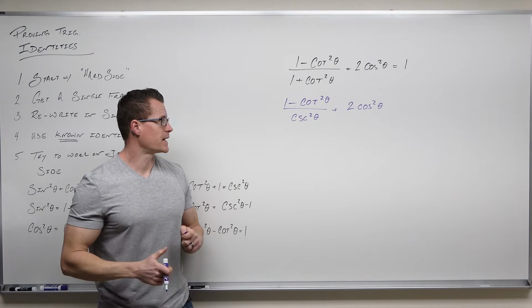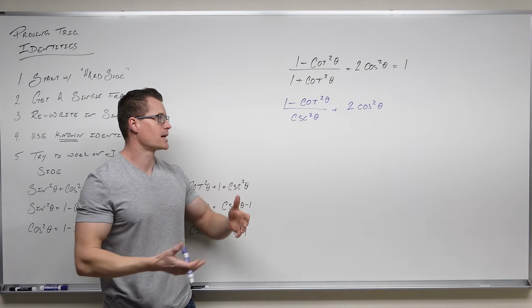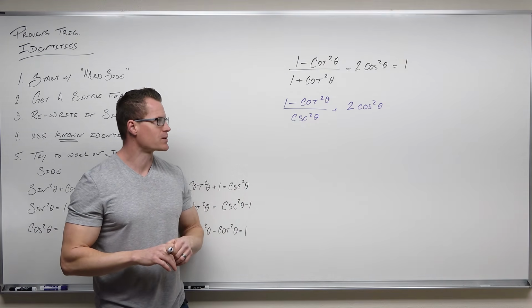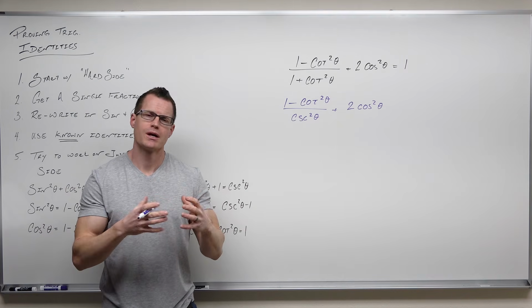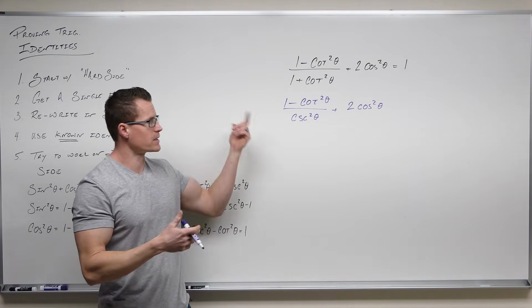Now we're working just on the left-hand side, so we're taking a look at it going, I don't see any other identities. I don't see anything that's very nice to simplify, nothing that's at least popping out to me. So maybe now's the time where I make one fraction out of this. That's one of the ideas here, is to get everything on one fraction, see what happens. So let's do that.